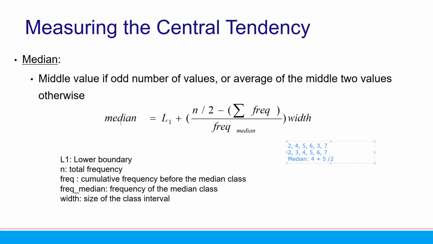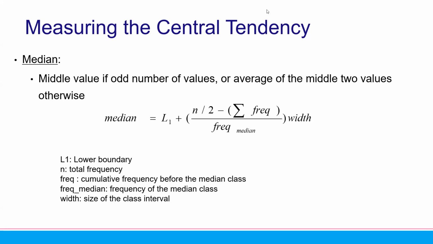So that's why this formula is the general formula to fit whether the number of values is even or odd. Okay. So this is the whole formula. Okay. Thank you for your participation.